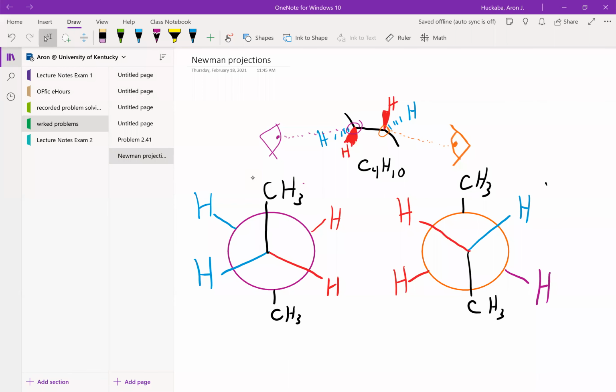All right, so what we have here is a 3D model version of that 2D molecule that I drew, butane. The black lines represent the carbon-carbon bonds, the red bonds represent the wedges, just like we have in the drawing, and the blue represents the dash bonds.